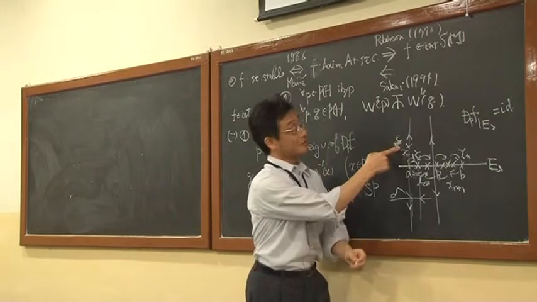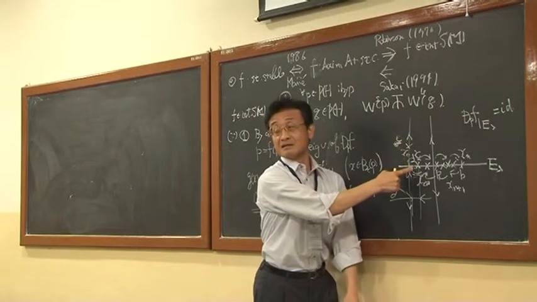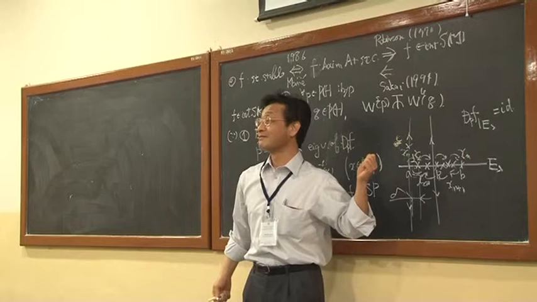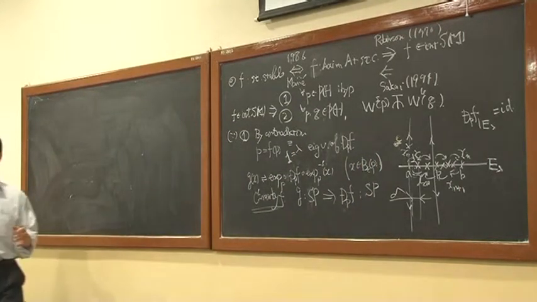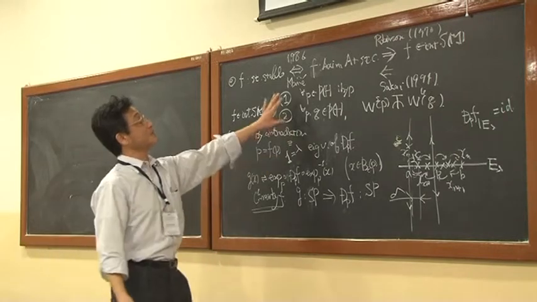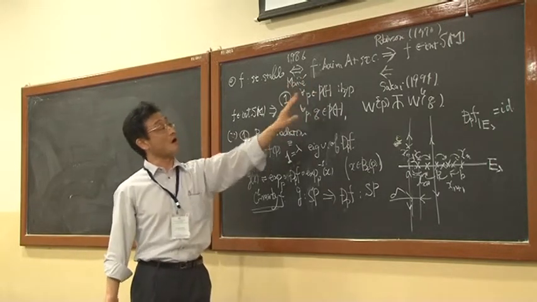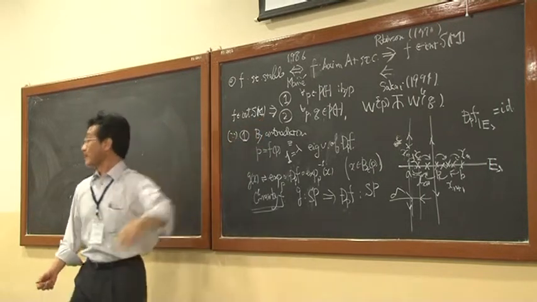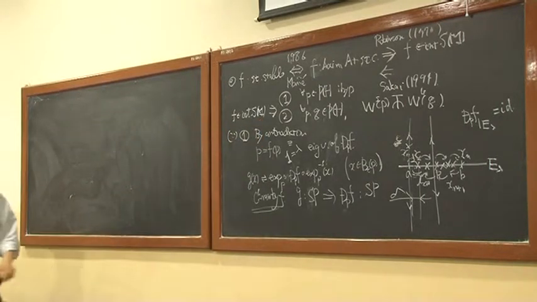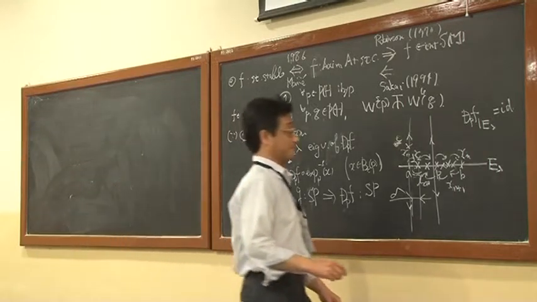And if the shadowing point is on this line, then it does not move. So anyway, such a pseudo orbit cannot be shadowed. So any periodic points are hyperbolic under this assumption.